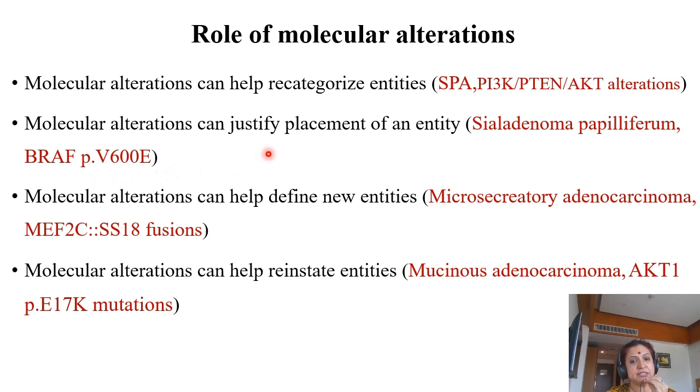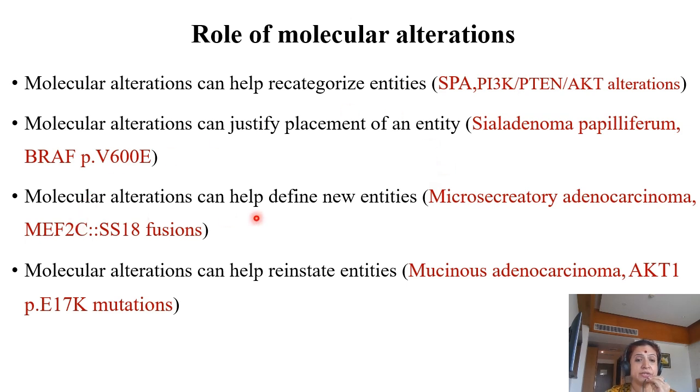In the spectrum of papillomas in the salivary gland, you have sialadenoma papilliferum, intraductal papilloma, and inverted ductal papilloma. And sialadenoma papilliferum, unlike the other two entities, has been known to be associated with more recurrence, and it justifies its placement in this benign neoplastic category.